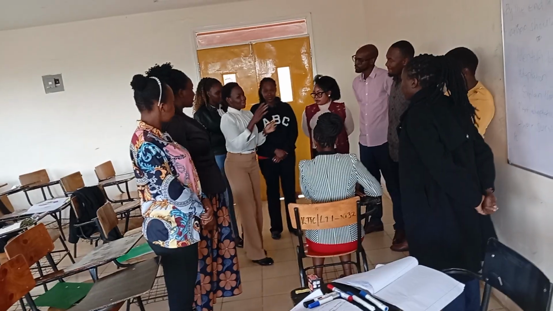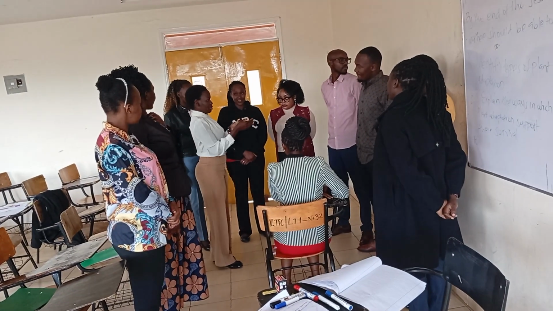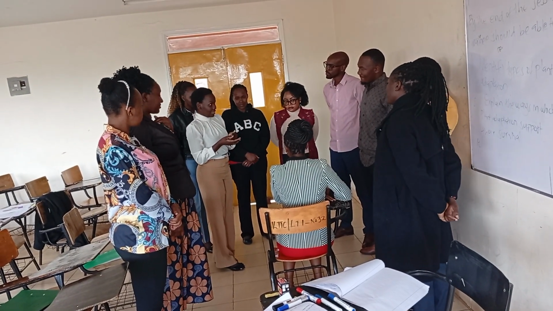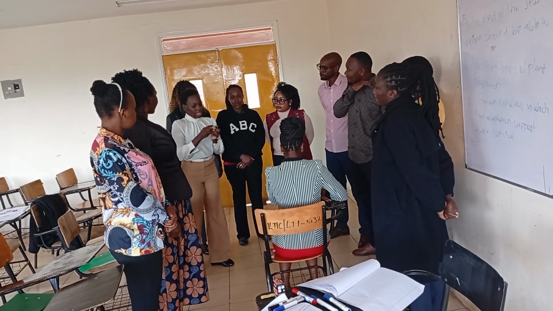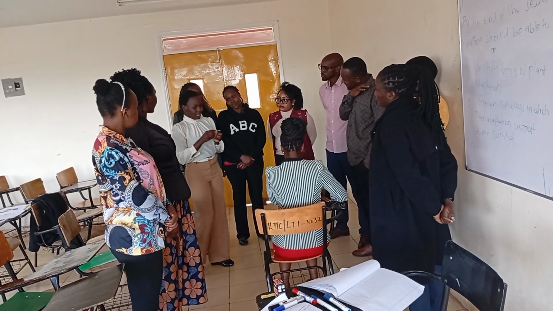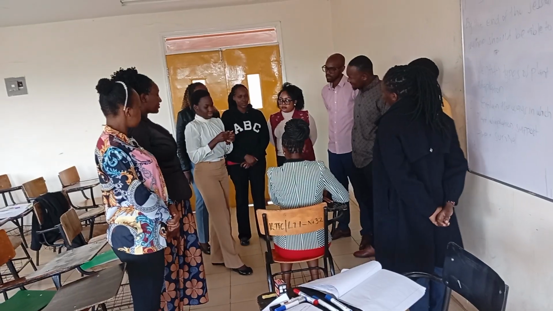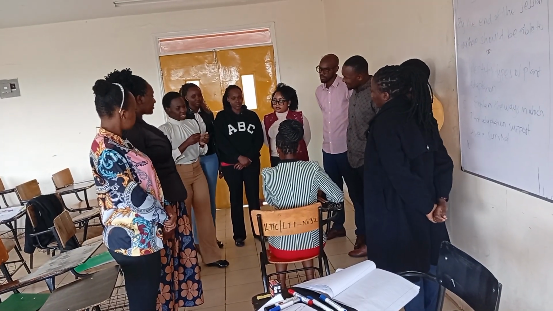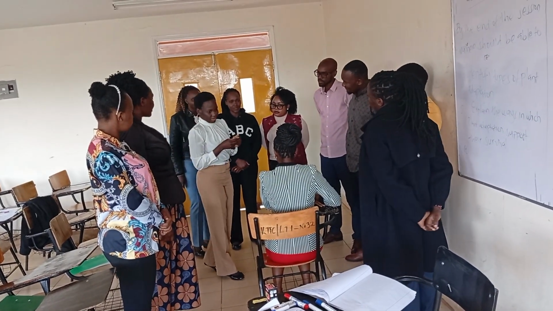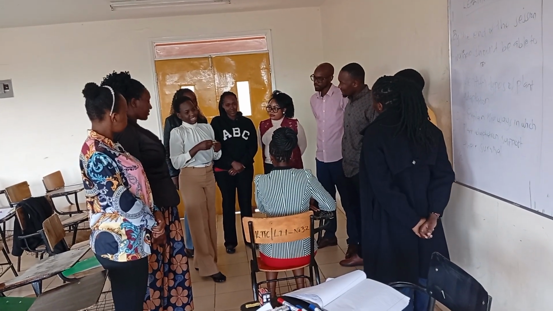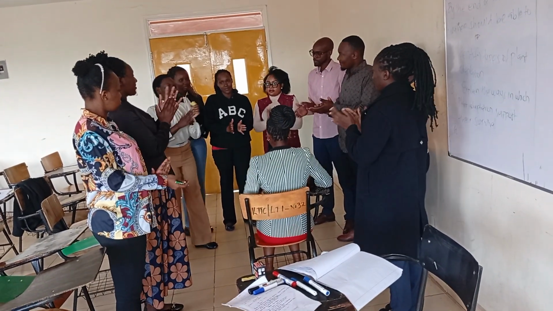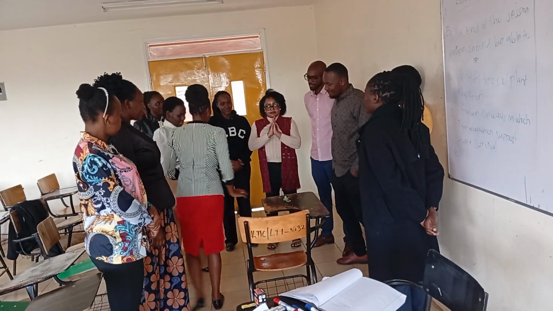Then another person will come and sit there. So I'll read. Pick what seed category. Yes, how does it help the plant survive in the environment? Preservation of water. Yes. Okay, appreciate. Another person, come and sit there.